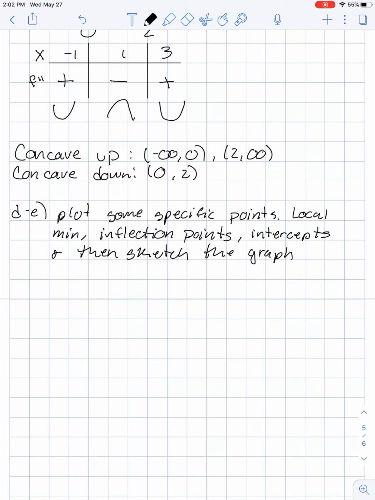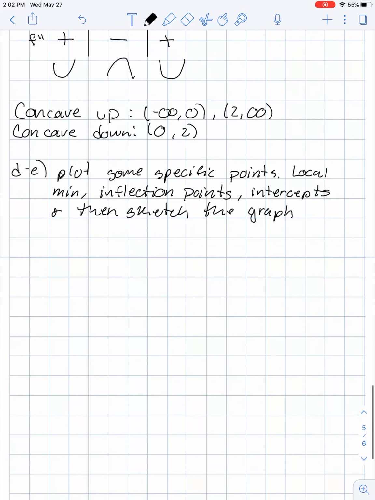So before we do this, I want to give you guys a little chart. So for decreasing and concave up, it's going to look like that. If we are increasing and concave up, our graph will look like that.